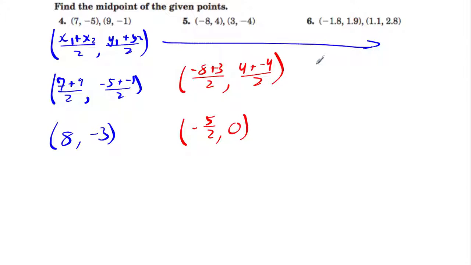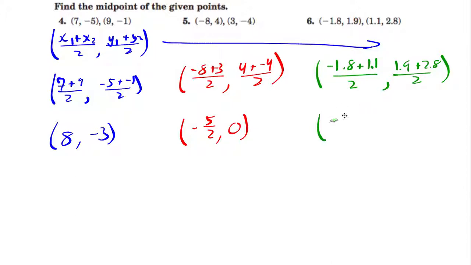And then over here, we're going to have negative 1.8 plus 1.1 over 2, comma, 1.9 plus 2.8 over 2. Now the nice thing about this is that because we have decimals, we don't really like to leave decimals with fractions, so we're going to make the whole thing a decimal.